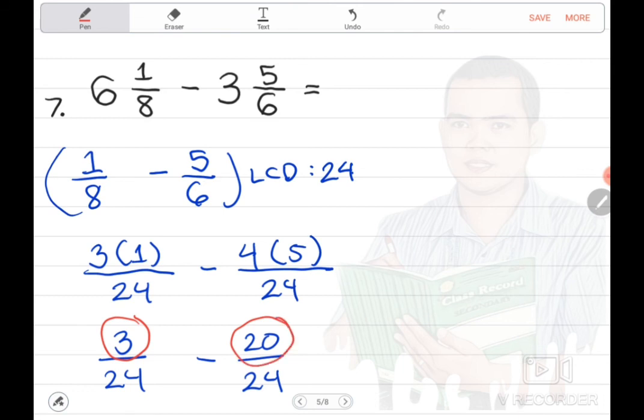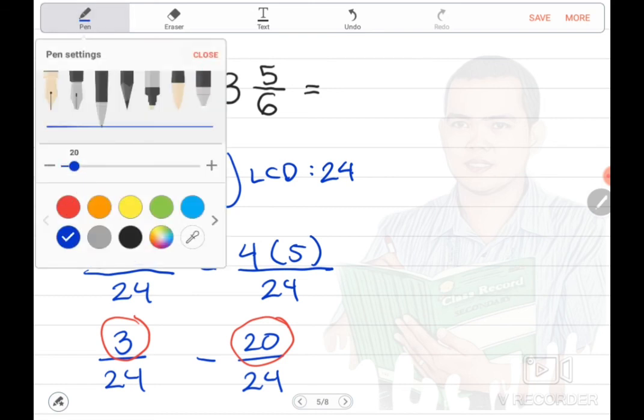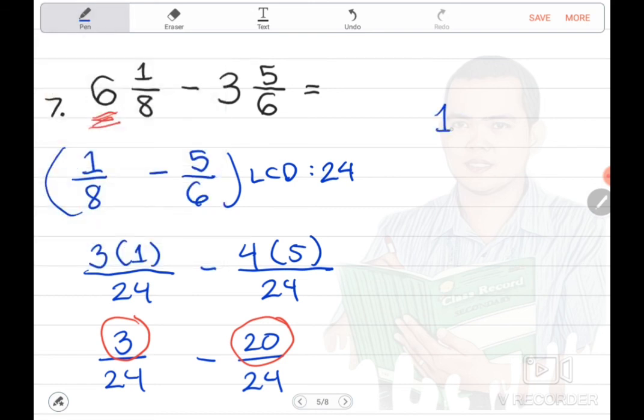So it cannot be. What we are going to do is borrow 1 from the whole number, that is 6. We are going to borrow 1. So if you borrow 1, it will make 1 and 3 over 24 minus 20 over 24.